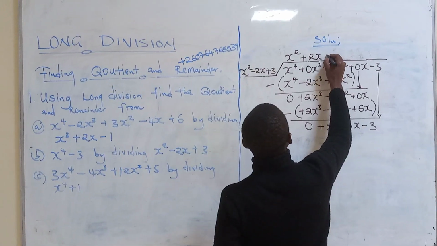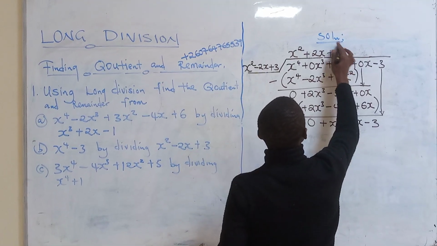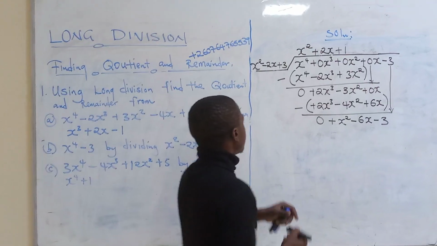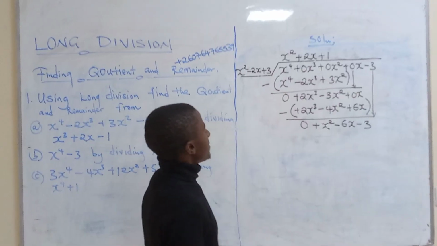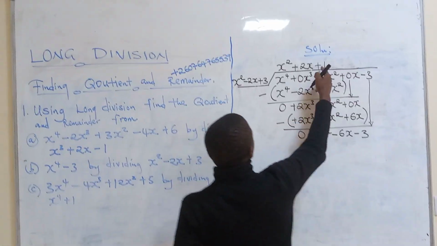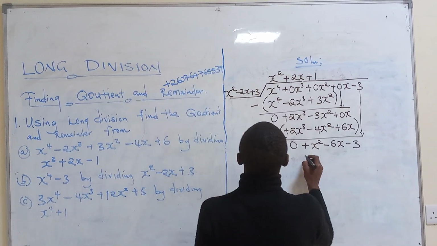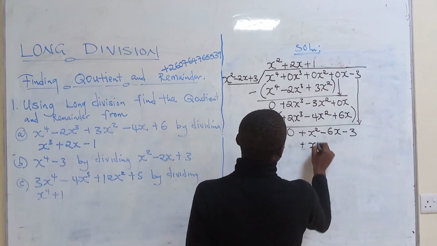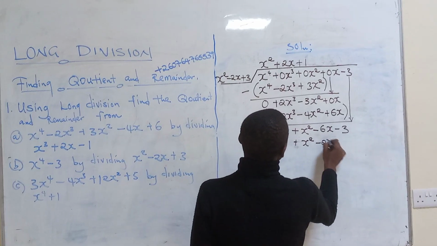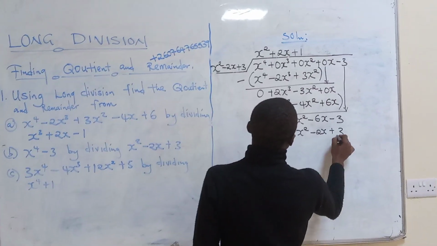So that is positive 1. This positive 1 should be multiplied with the divisor. When you multiply this value, you are going to get the same thing, that is positive x squared minus 2x plus 3.